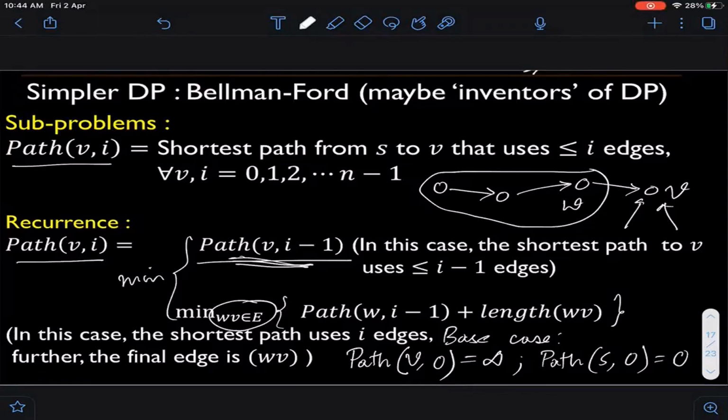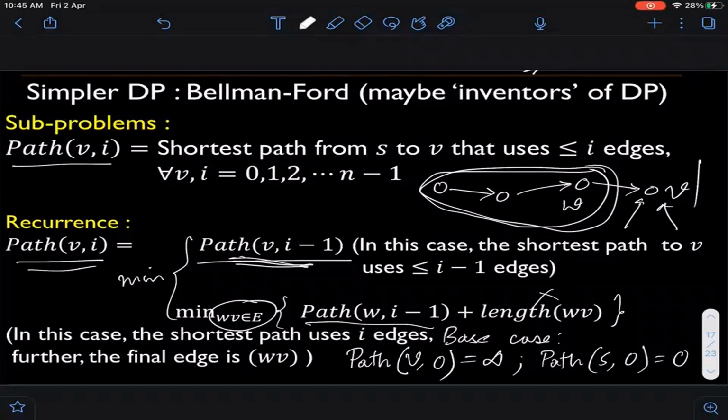And now again, it's a typical cut-and-paste contradiction type of argument. Suppose I forget about the last edge in this optimal solution, path V comma I, and suppose the remaining path is not the optimal solution for the remaining sub-problem, path W comma I minus 1. Suppose there exists a different optimal solution. Because I have budgeted it to I minus 1, I know that that optimal solution can only use I minus 1 edges.